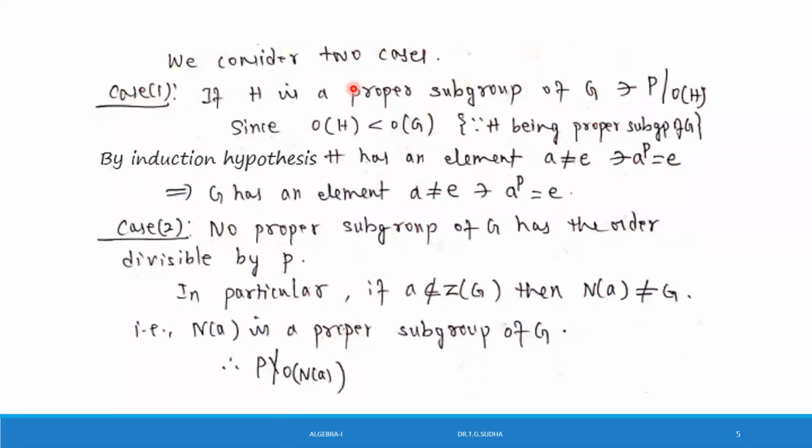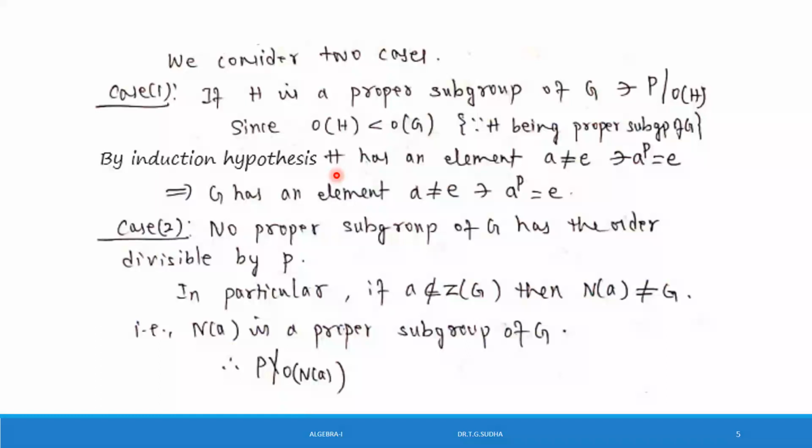So we consider two cases here. If H is a proper subgroup of G such that P divides the order of H, then since H is a proper subgroup, the order of H will be strictly less than the order of G. So now let us apply the induction hypothesis.